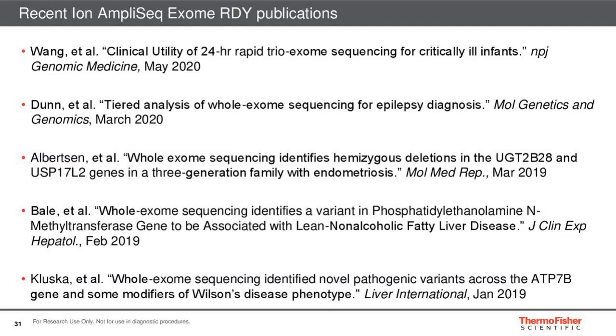Neonatal intensive care unit and pediatric intensive care unit applications are a good fit for the speed of the Ion workflow. And it's also been used recently in a wide range of other research topics, from epilepsy diagnosis, reproductive health and endometriosis, and hepatology.